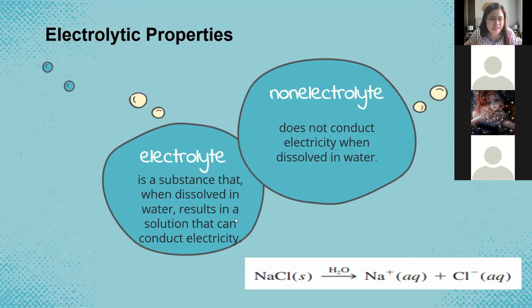So to differentiate the two, let's discuss them more. We have here electrolytes. These are substances that when you dissolve them in water, they will conduct electricity. So, when you say Gatorade, syempre the electrolytes are being dissolved in water there, pwede yun siyang mag-conduct ng electricity.